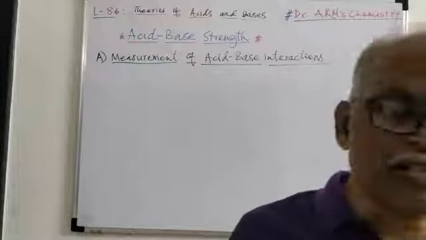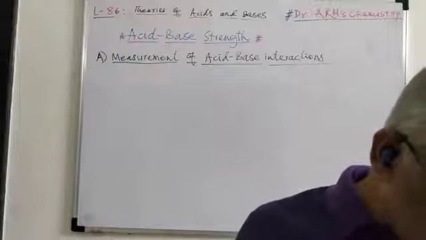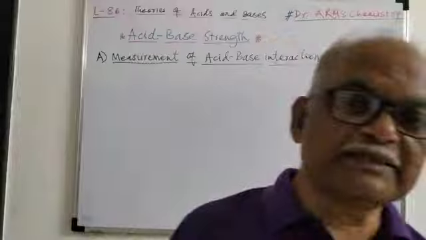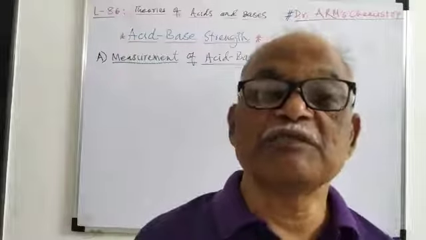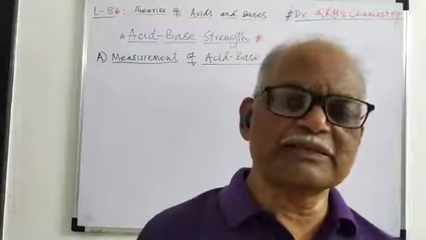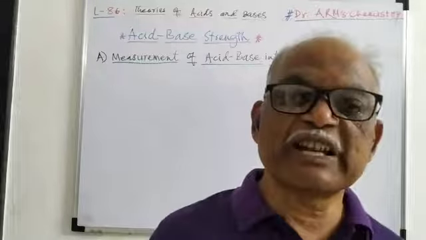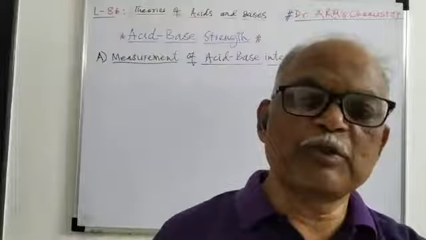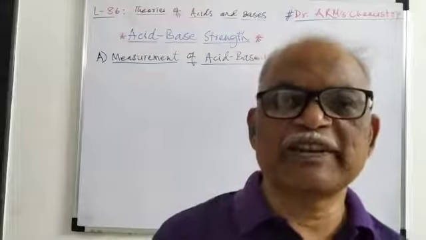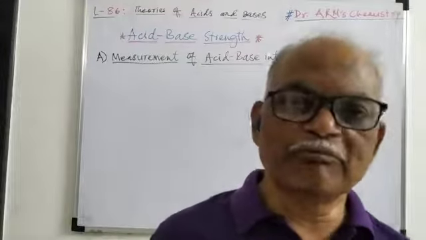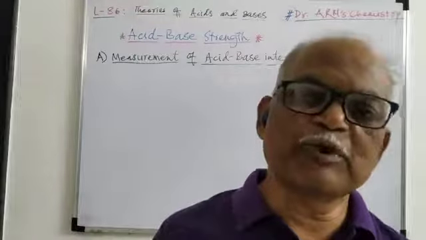For this purpose, we should know that the interactions between acids and bases can be measured in a number of ways, and by each method we can obtain one type of information. One type of experiment or method provides one type of data, and another method provides another type of data.